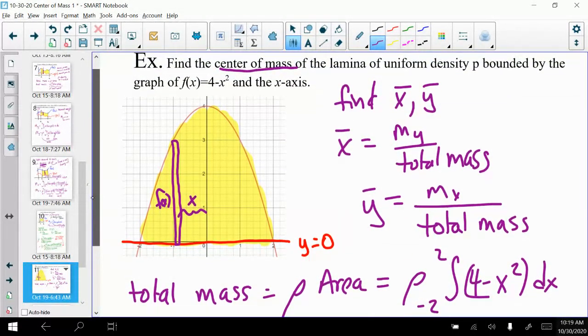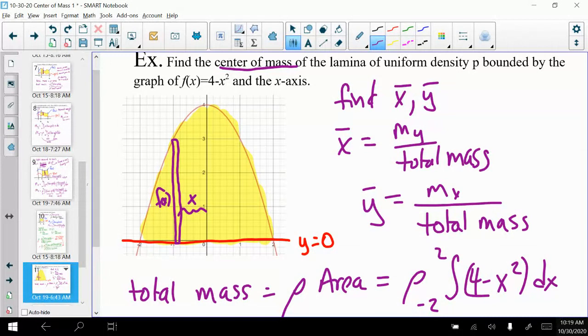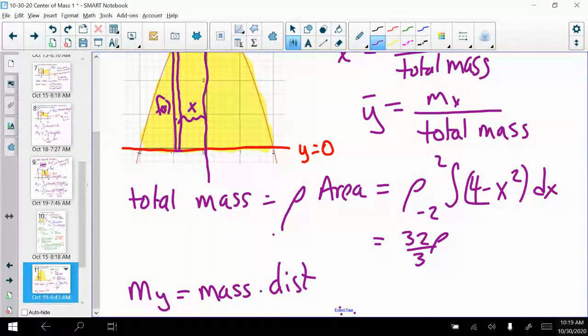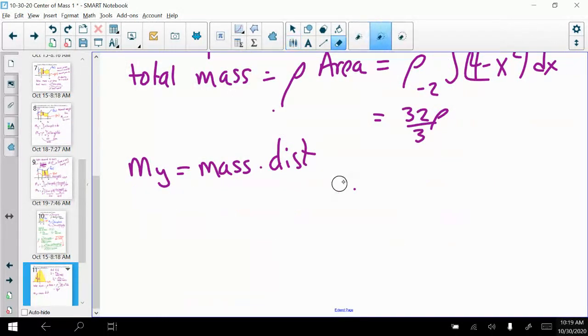Okay, so now if I want to find my moment about y, my moment about y is how likely it is to spin around this line. So that's my mass times my distance, and my mass is just the same as my area times rho. So my moment about y is mass times distance, right? Whoops. I swear I can do this.